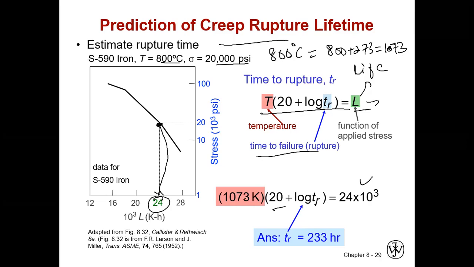When I solve for TR, it comes out to be 233 hours, right? So it means that at these conditions, with this applied stress, after 233 hours the material will fail.